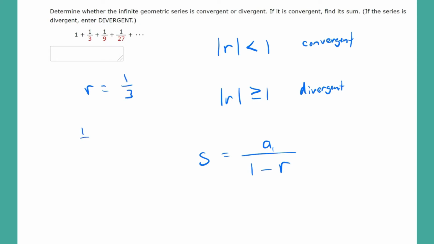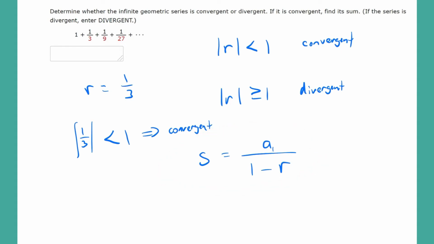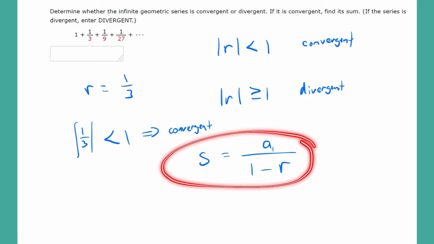And if you take the absolute value of that, you'll notice that that's less than 1. Therefore, it is convergent, which means we can use the formula to find the sum. If it would have been divergent, you would have said that the series is divergent. But since it's convergent, we actually have to find the actual sum.